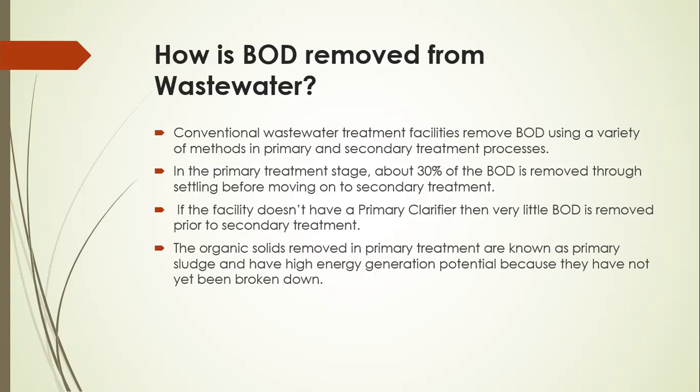Now, what are the instances where BOD gets removed? Usually, as I indicated, about 30 to 40% of the BOD is removed in the primary treatment, and the rest of the removal will take place in the secondary treatment.